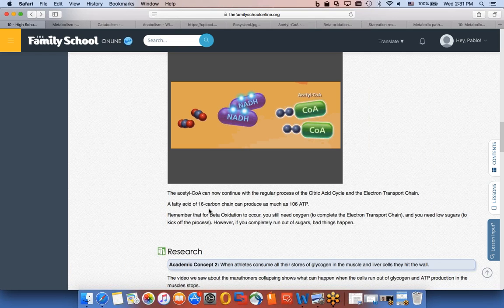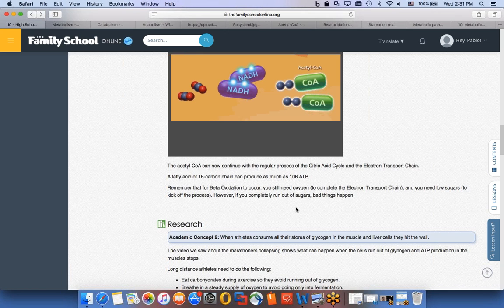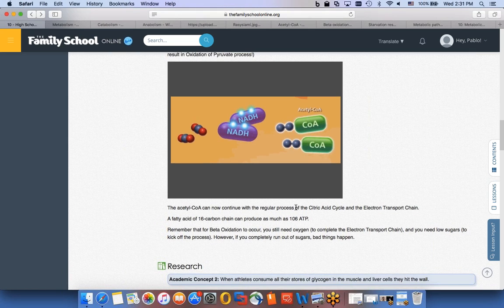16 carbons in a fatty acid chain give us a lot more proportionally, doesn't it? Because let's say 18 would be 3 times. If you have three glucose molecules, that would be 18 carbons. And that would be 32 times 3, 96. So 96 for 18, here we have 16, 106. So a lot more efficient there.